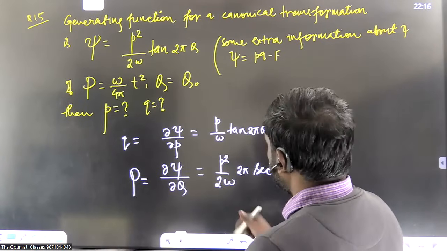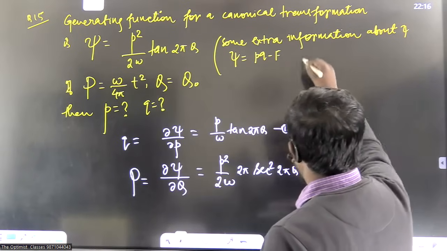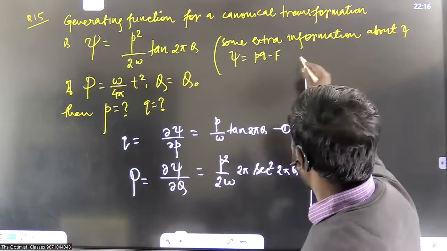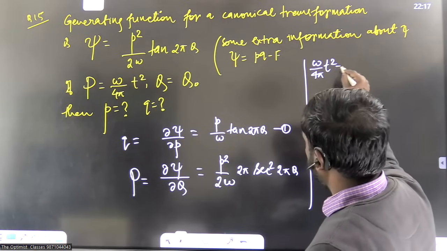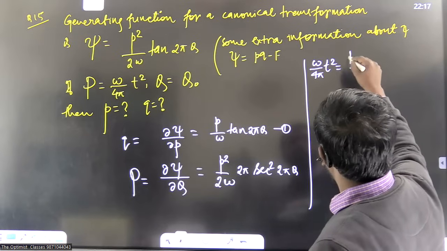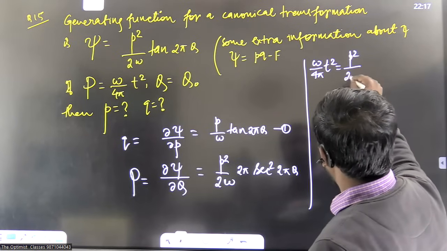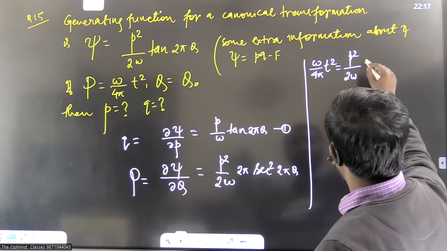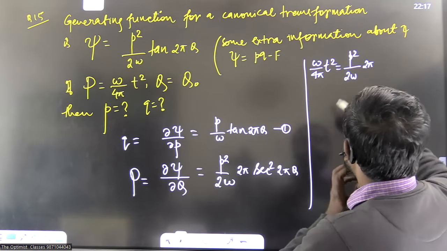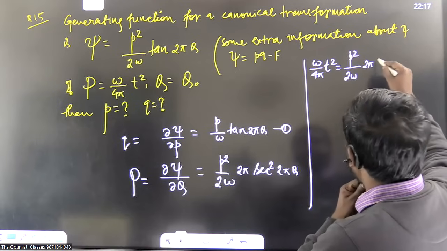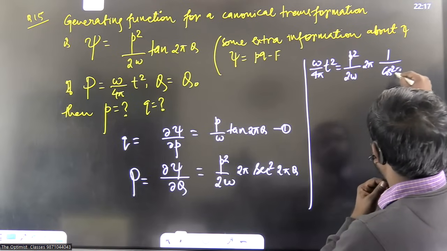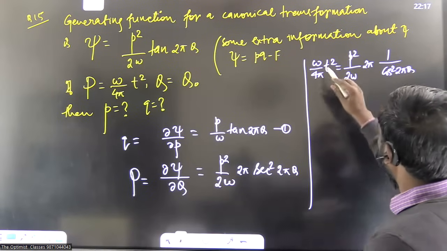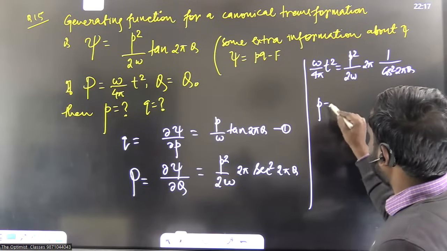If we put it here, we get omega upon 4 pi into t square, and that is equal to p square upon 2 omega and also 2 pi. So 2 and 2 cancel out, and here we get sec square, so 1 by this is cos square 2 pi q. From here you do cross multiplication and you can obtain p.